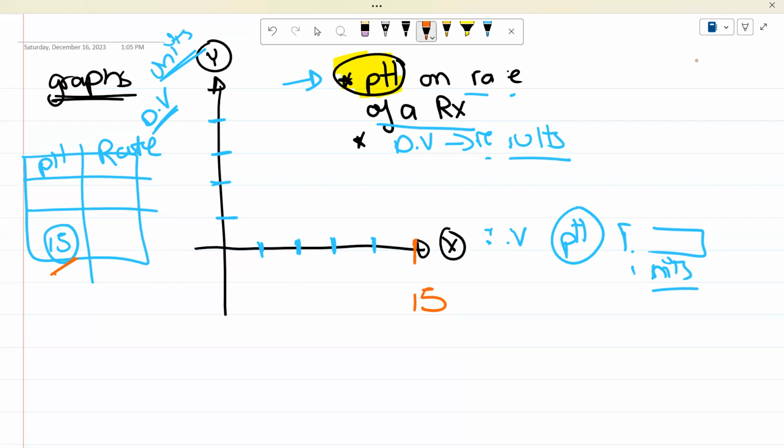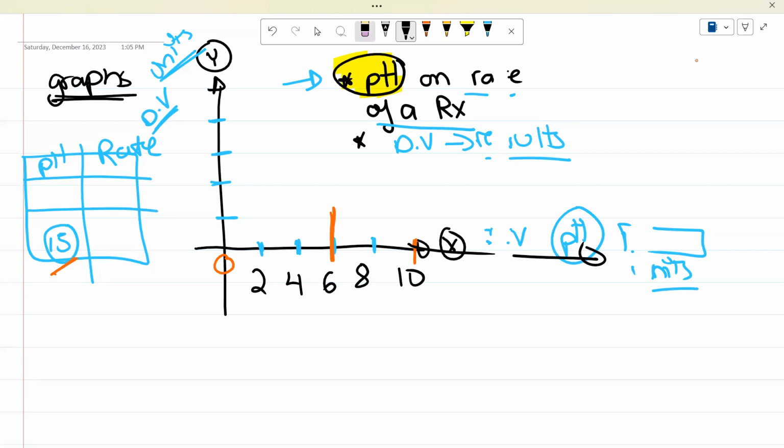And these values, please, they have to be equal. You have to start with a 0, 5, 10, 15. No, something is wrong. My 15 cannot end here. I want my 15 to end here. So I have to make the values a little bit smaller. That's why I have to use a pencil so that when I come to do changes, I erase. I don't mess up with my pen. 2, 4, 6, 8, 10.